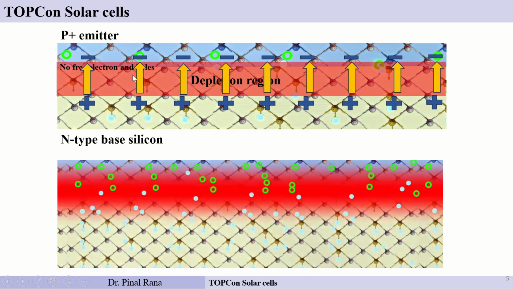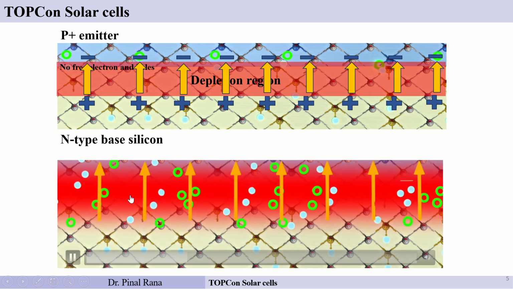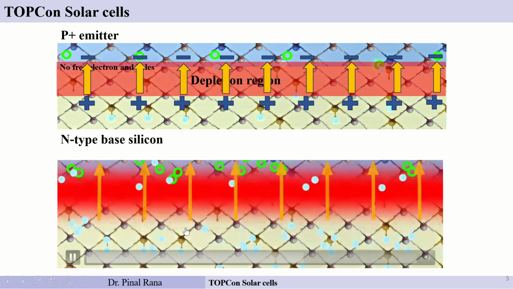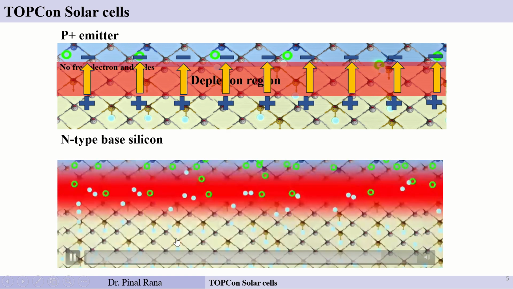Now when the sunlight reaches the depletion region, because of this driving force of N and P, the holes that are generated move towards the top side, and the electrons that are generated move towards the downside. That's why holes are moving up and electrons are moving downside.